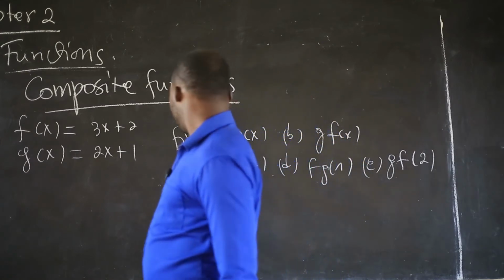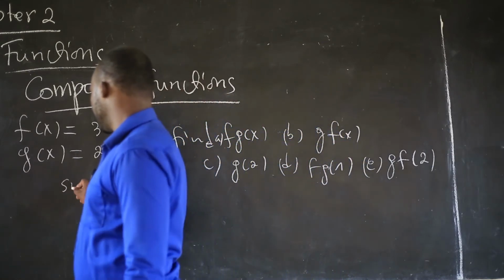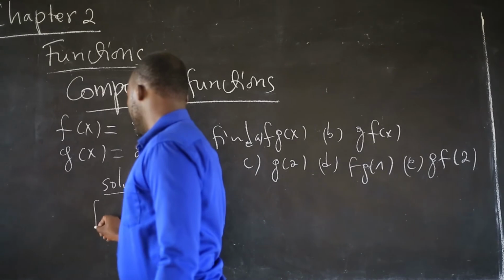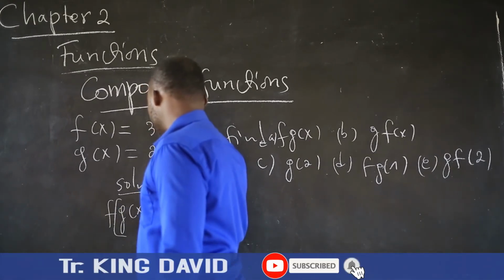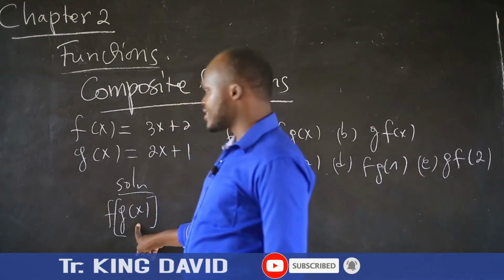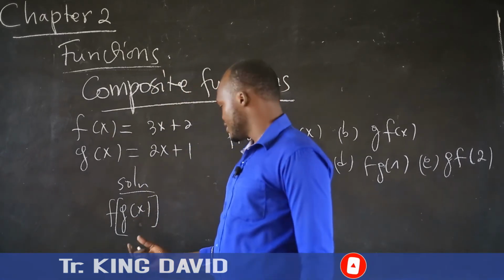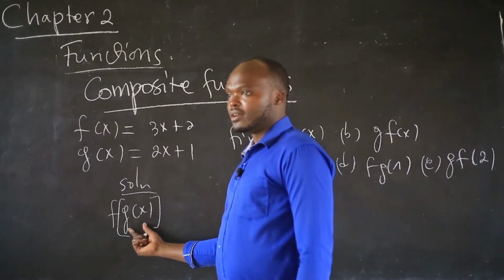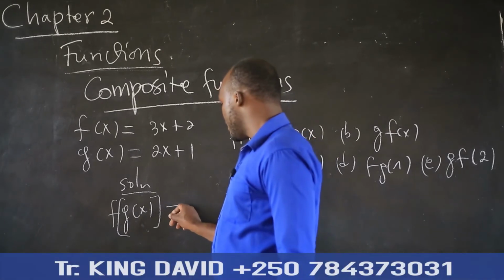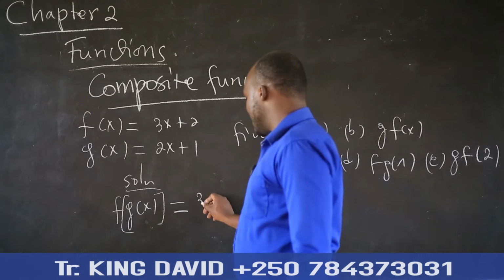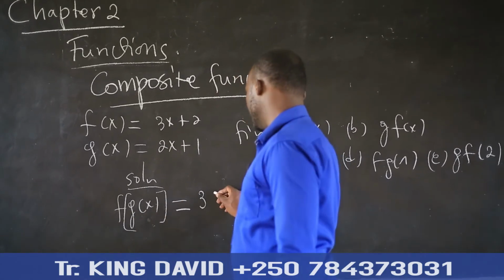So now we have fg of x. You see where there was x in f of x, so we brought g of x. So meaning that I have to go in f of x, where there is x, I put there what? G of x.